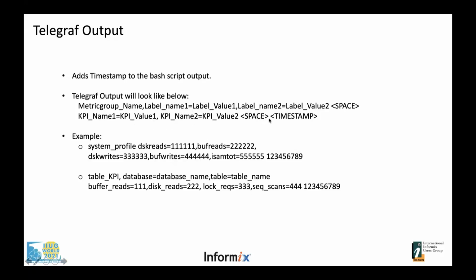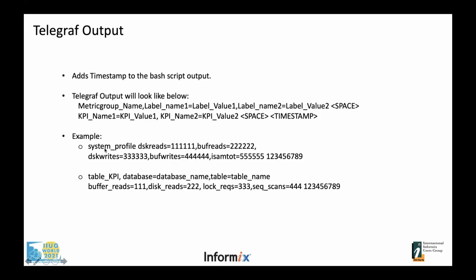Then Telegraf will add a timestamp to that output, so that when this data goes into the time series database, it will have the timestamp of the metric, the metric group name, and the labels and the values. For example, I've shown it here.